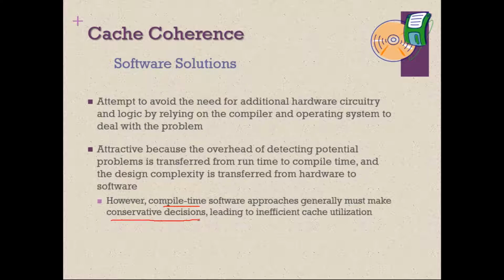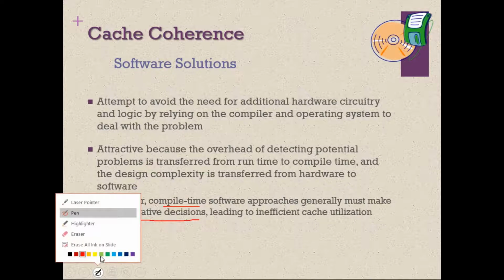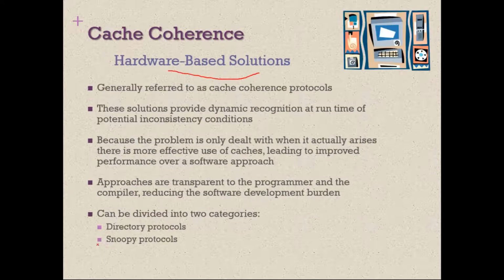Conservative decisions means it makes some assumptions, and based on that, it works. It cannot work dynamically, because compile time is not runtime. It is before execution time, so there is no question of any dynamic behavior here. So to be frank, it cannot effectively handle the cache coherence problem. This is the drawback with the software based approach.